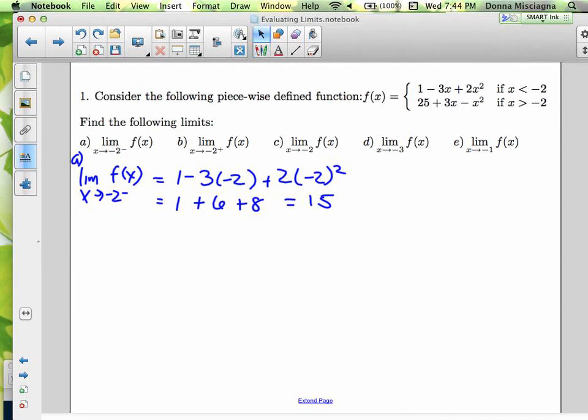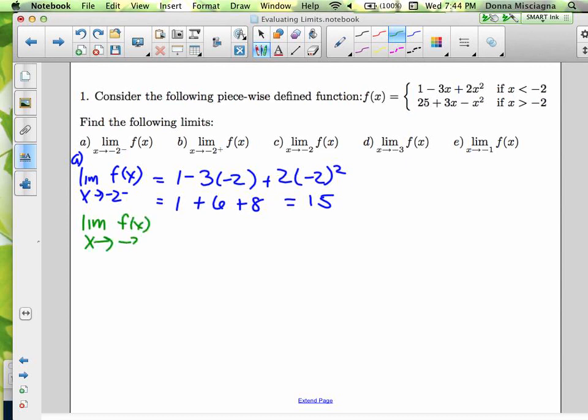How about our right-hand limit? The limit of our function as x approaches negative 2 from the right, so now I need to use the one for greater than negative 2. We're going to have 25 plus 3 times negative 2 minus negative 2 squared.